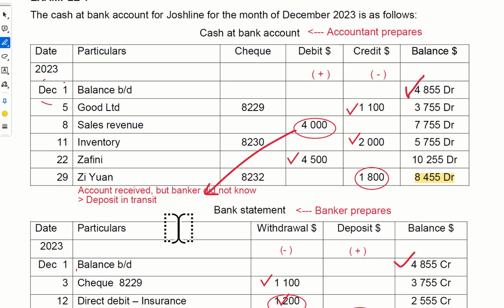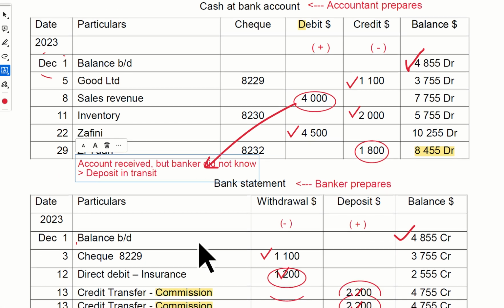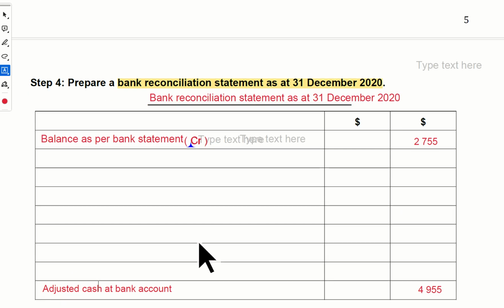All right. Now it's easy to remember deposit in transit. This amount here in the debit column is a deposit in transit, because deposit in the debit column starts with a D, and deposit in transit also starts with a D. So what are you going to do with deposits in transit? In your bank reconciliation, you are going to add deposits in transit.